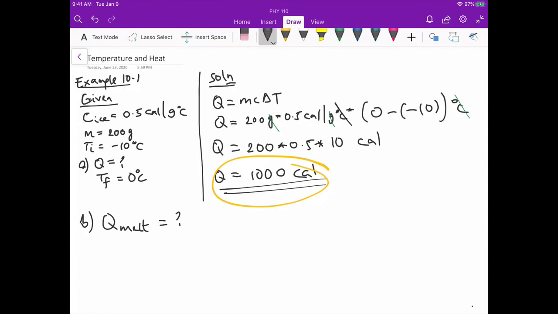If you remember, in the slide I mentioned what Q fusion is. That means the melting. Q fusion is L fusion multiplied by m, where L fusion is a constant, known as the latent heat of fusion.